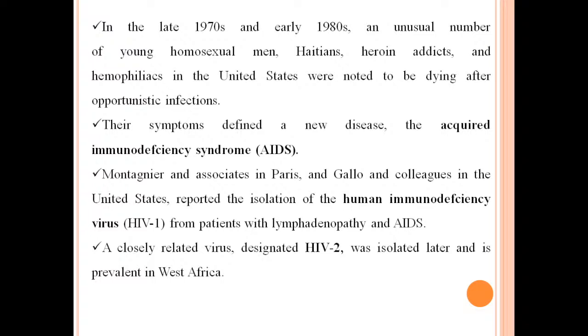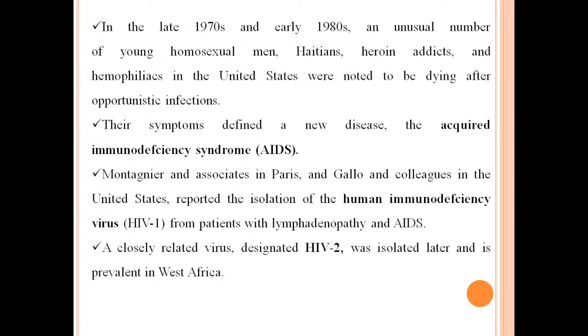In the late 1970s and early 1980s, an unusual number of young homosexual men, Haitians, heroin addicts, and hemophiliacs in the United States were noted to be dying after opportunistic infections. Opportunistic infections, I remind you, are infections caused by opportunistic microorganisms of normal microflora. Their symptoms defined a new disease that they called acquired immunodeficiency syndrome.